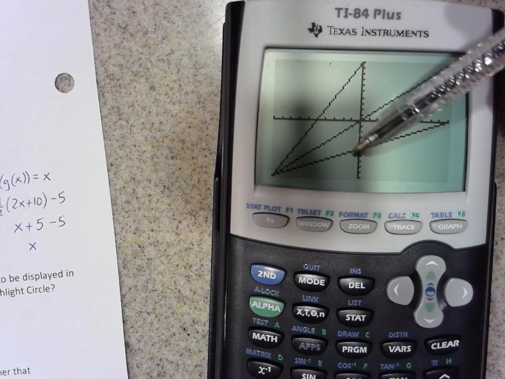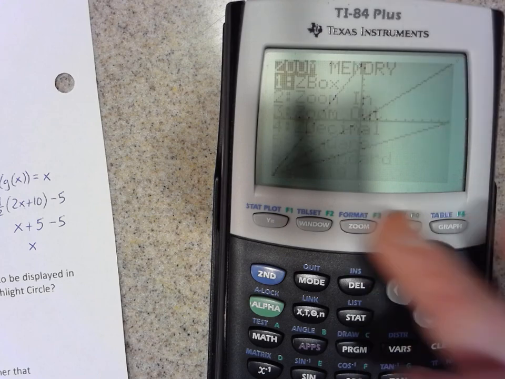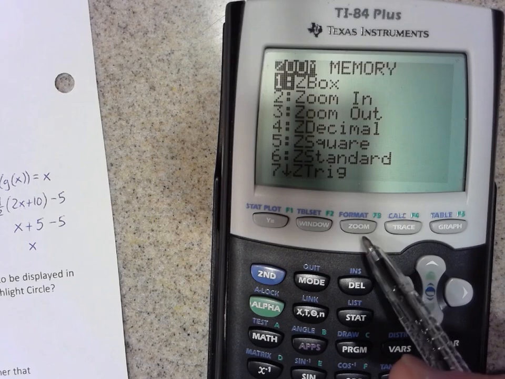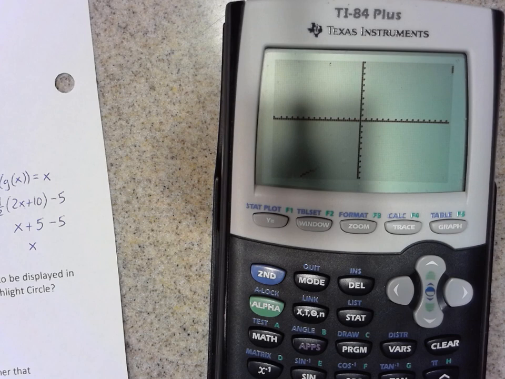And notice how they're the same distance across from each other. If you do a zoom and do the fifth option, zoom square, it makes it so that you can see the reflections across the line y equals x.